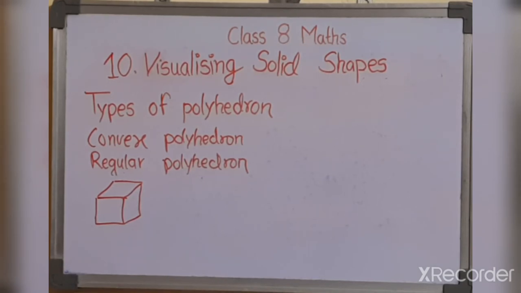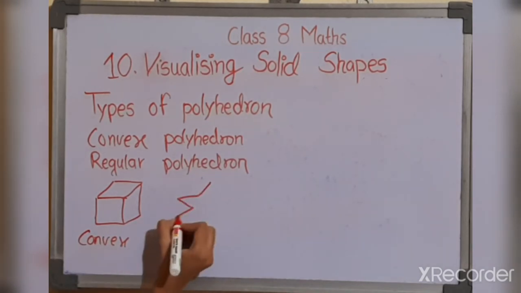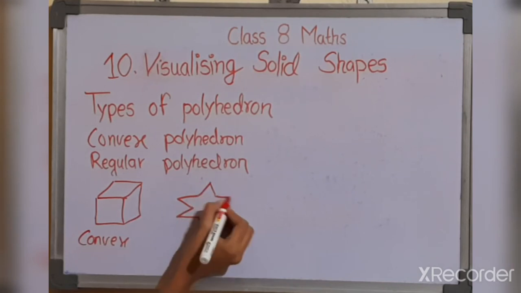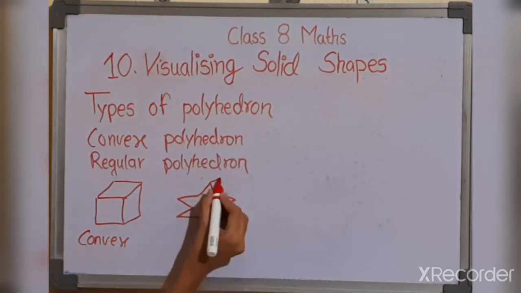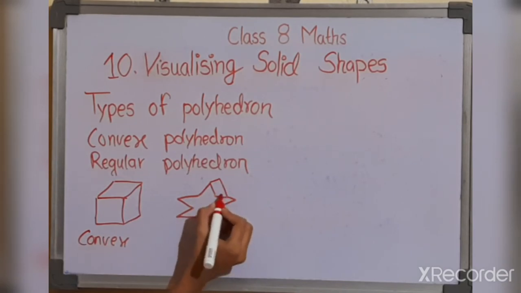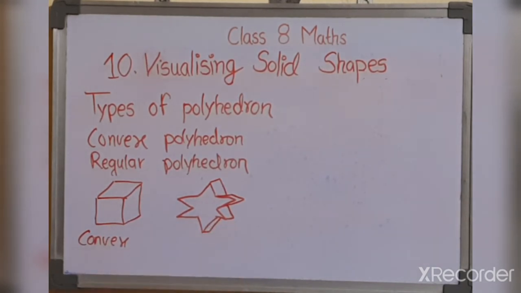So examples of non-convex polyhedron is, this is of convex. Now for non-convex the example is like this. Its shape is just like a star and it is a 3D star. It just looks like this.